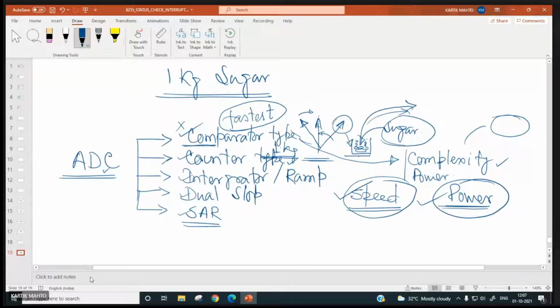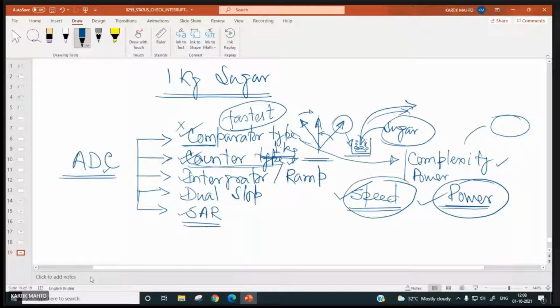And also I want to ask you, which type is used very frequently? Are you aware? No, sir. Then the answer is counter type, because it is one of the simplest techniques for making your ADC.